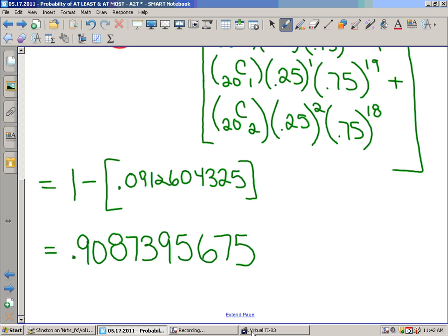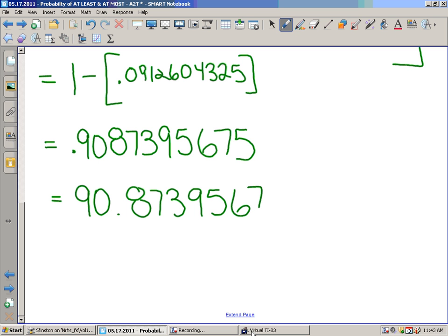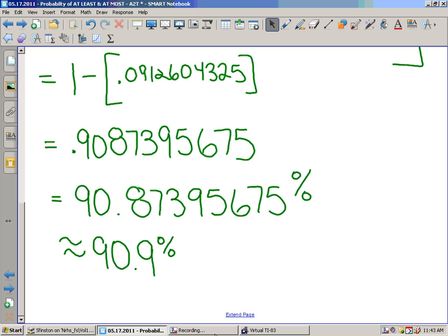And Henry, that's in decimal form, but in percent form, this is equal to 90.87395675%, and then to the nearest tenth of a percent is 90.9. Okay. All right. That's it.